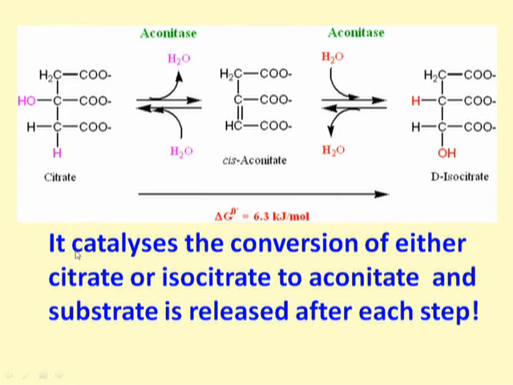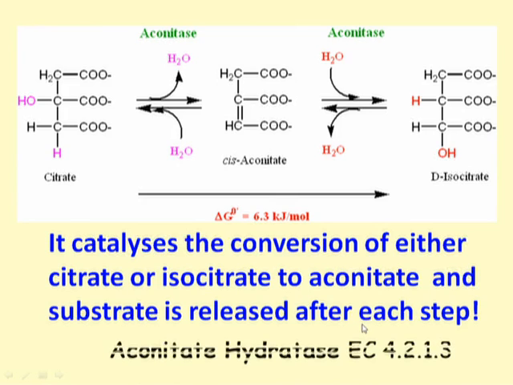So the enzyme binds to citrate and converts it to cis-aconitate. The cis-aconitate is released from the enzyme active site, and it could again bind to the active site and get converted to isocitrate. So the enzyme aconitase catalyzes the conversion of either citrate or isocitrate to aconitate, and the substrate is released after each step.